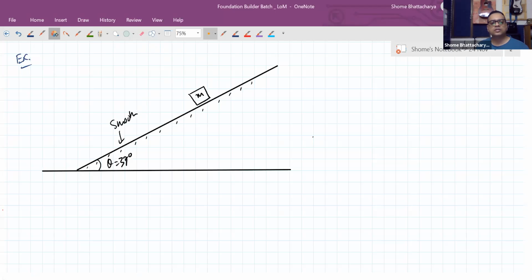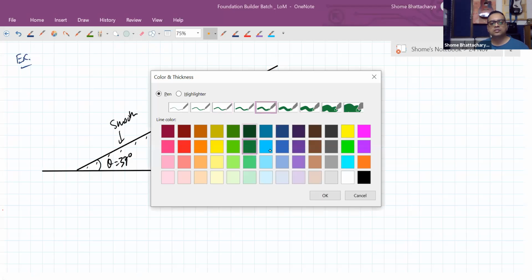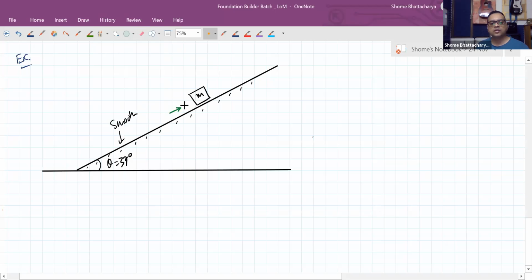Now what we are doing here is we are applying an external force on the body in this way, parallel to the inclined plane, to keep the block at rest.